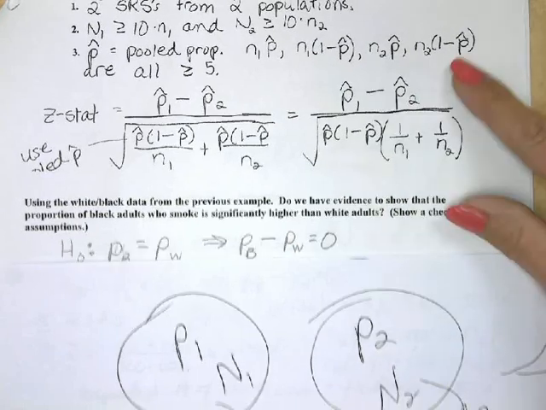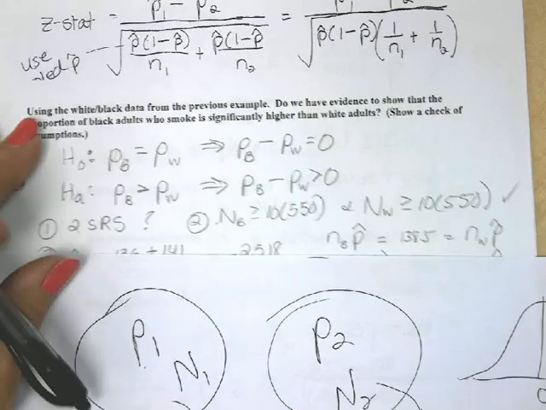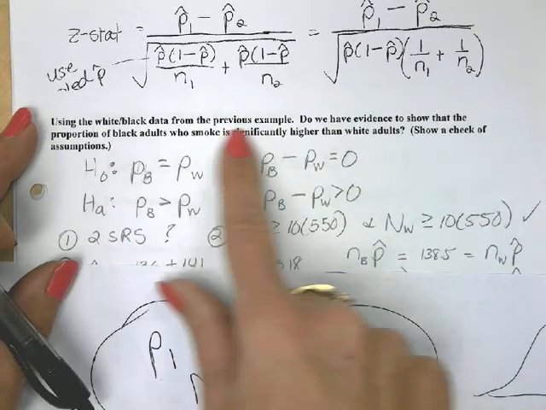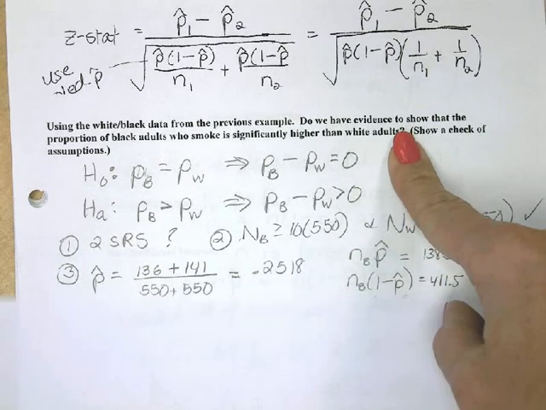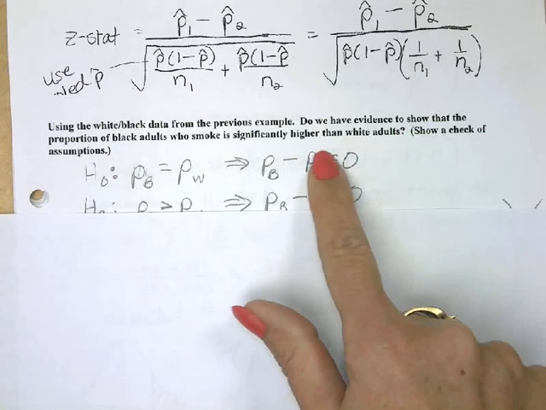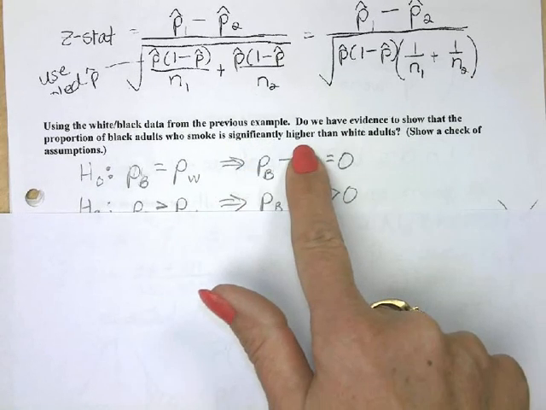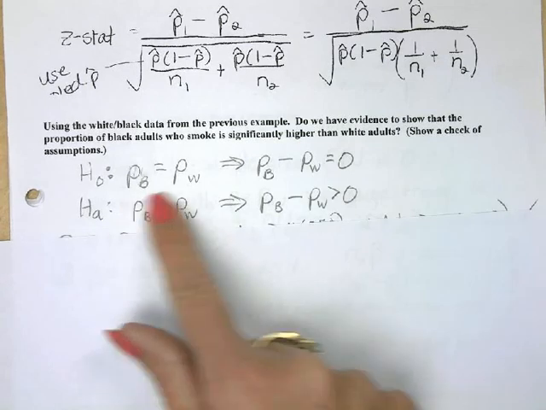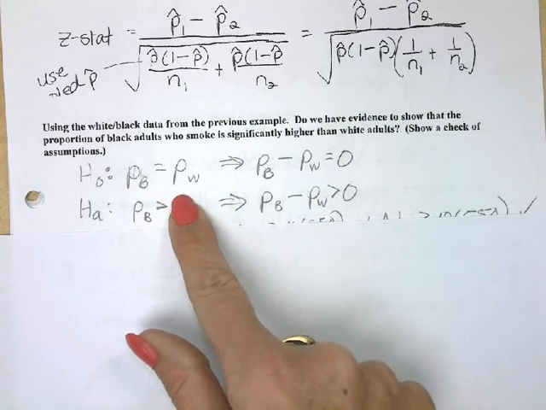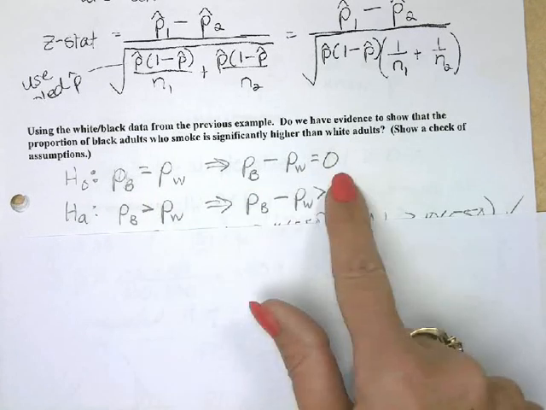All right, using the data from the previous page, do we have evidence to show that the proportion of black adults who smoke is significantly higher than that of white adults? I can see that it says significantly higher, so I'm going to do a one-sided test. I'm going to assume that these two groups have an equal proportion for smoking, assuming they're equal and that their difference is 0.